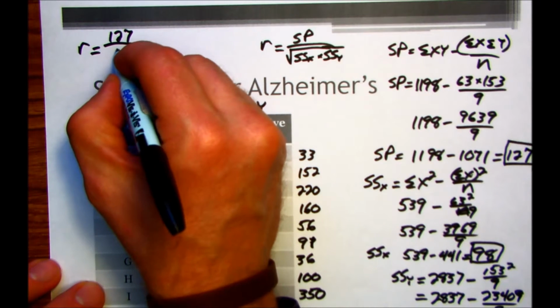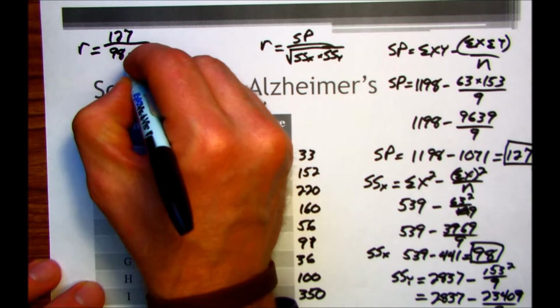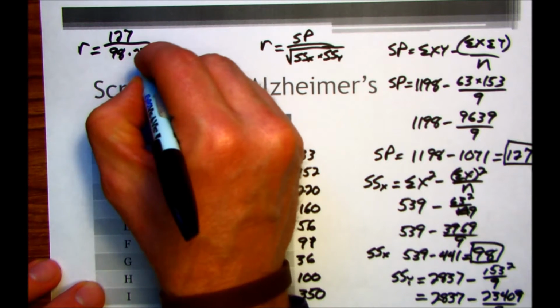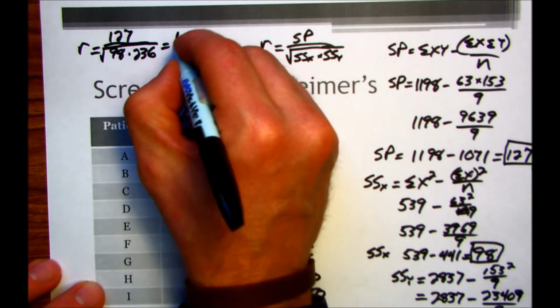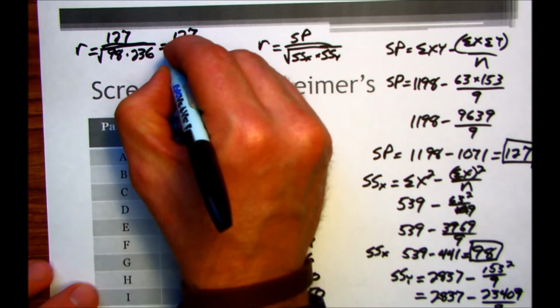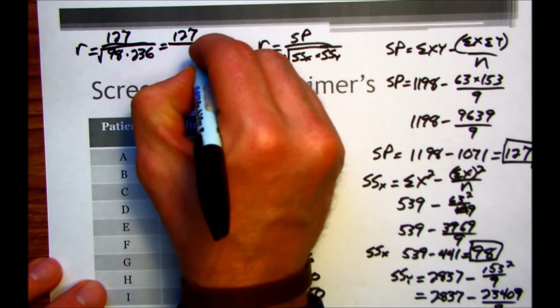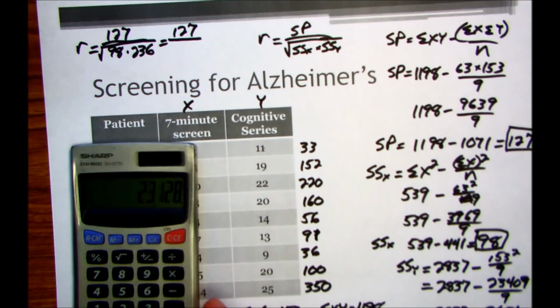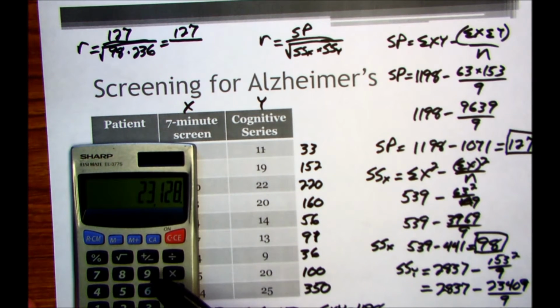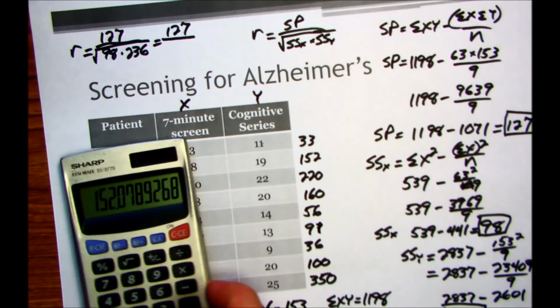And then we have 98 times 236, and then we'll get the square root of that. So 98 times 236 gives us 23,128, and if we get the square root of that, we have 152.08.